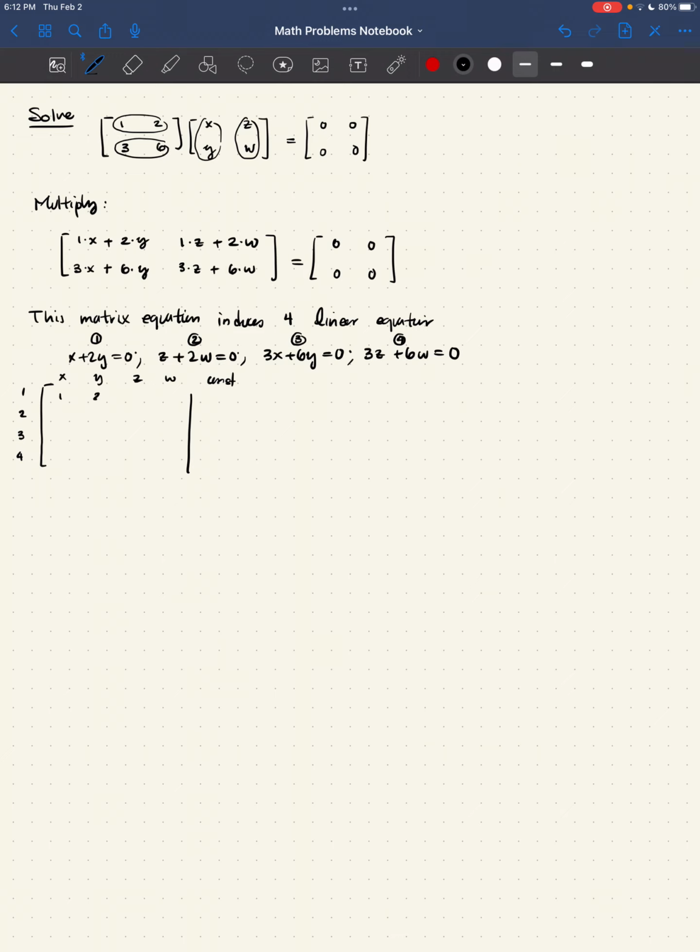So we have 1, 2, 0, 0, 3, 6, 0, 0, 0, 0, 1, 2, 0, 0, 3, 6, 0, 0. So we have codified the equations in this 4 by 5 matrix.